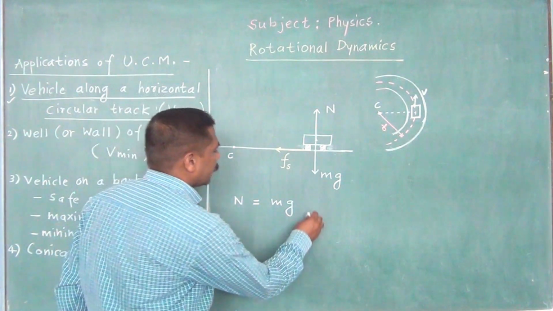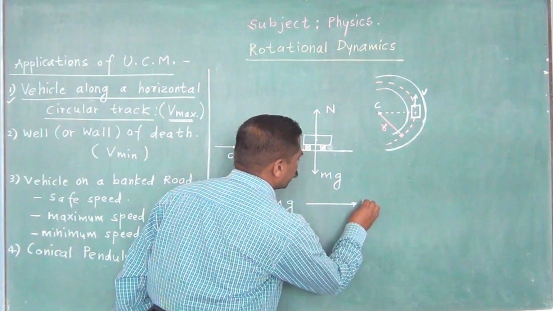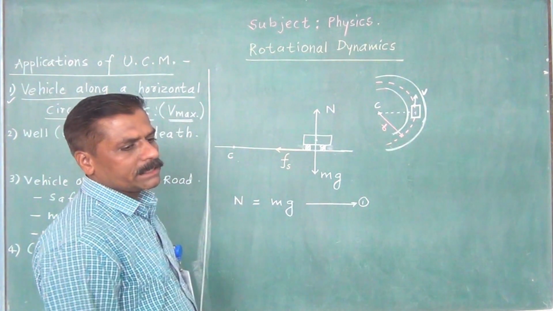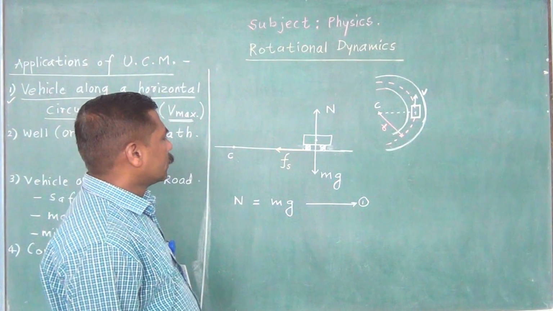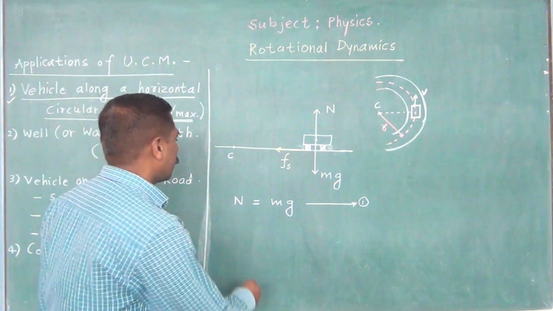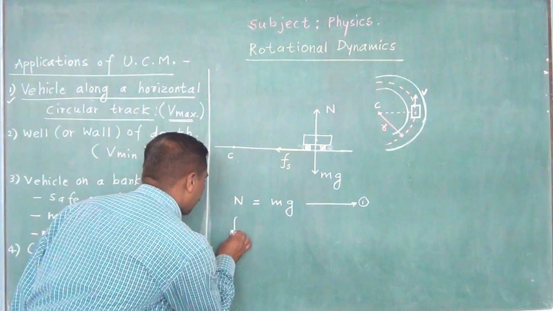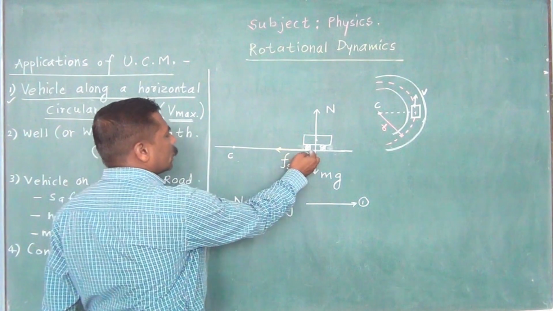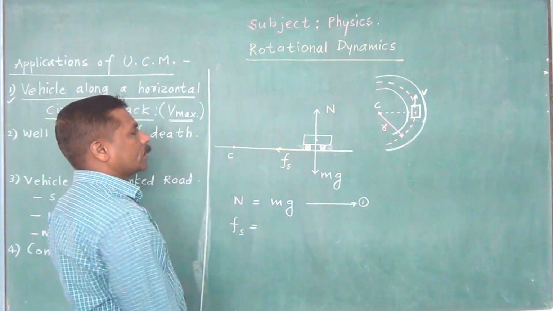So this is equation number 1: the normal reaction is balanced with the weight. Secondly, the static force of friction is along the radius towards the center.